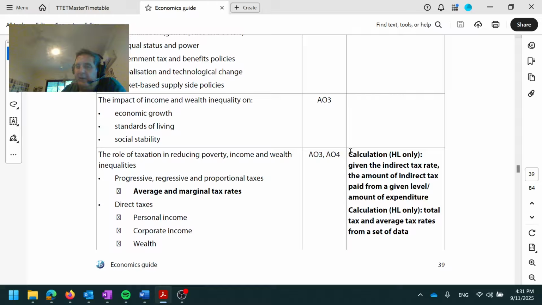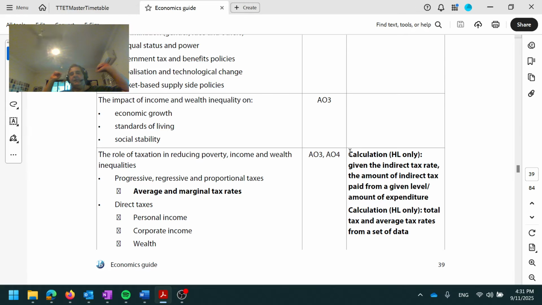I've got a feeling we haven't done it in the last 2 sessions, which makes me suspicious that it might rock up tomorrow. So I would certainly know how to calculate the amount of tax that someone owes based on their income levels and the taxation system they face.